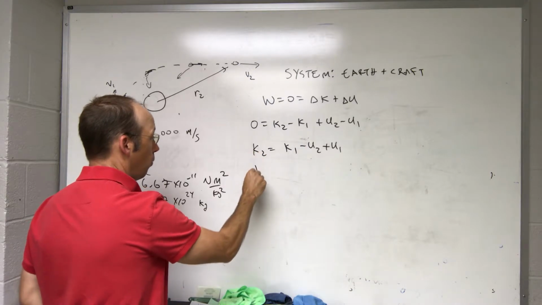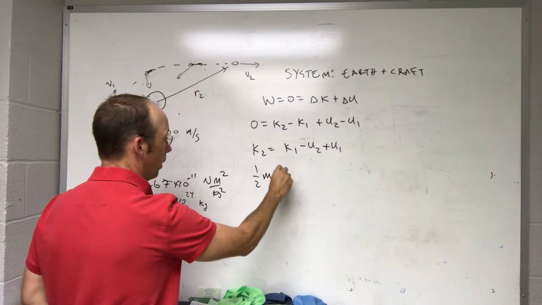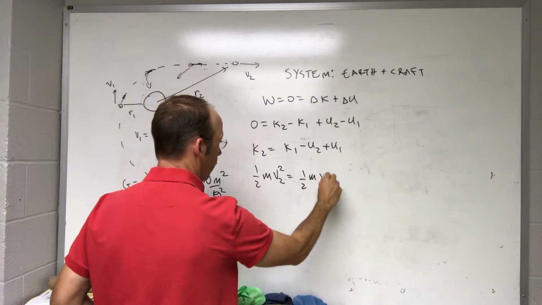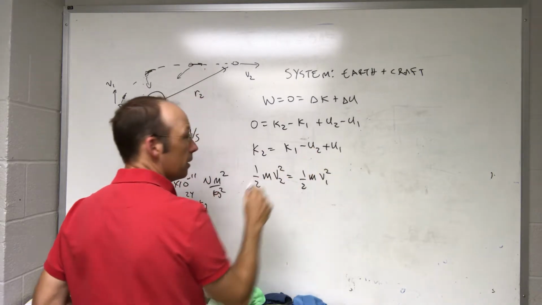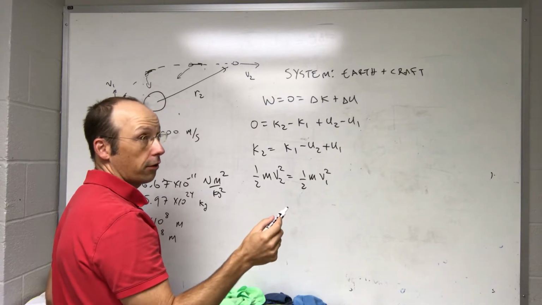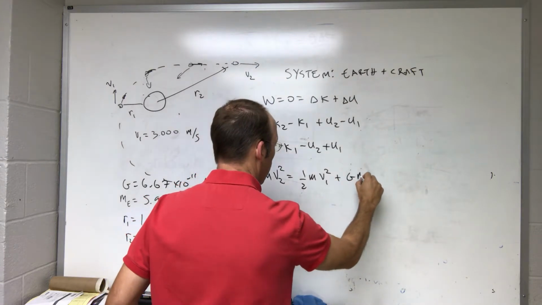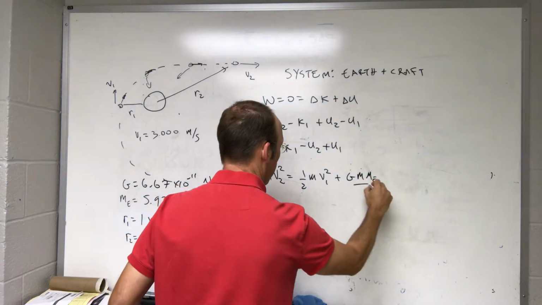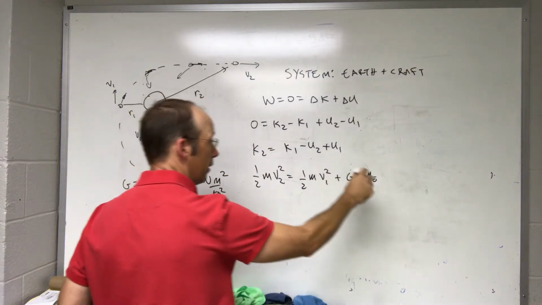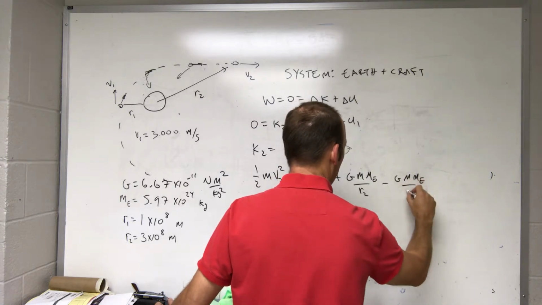So 1/2 m of the spacecraft V2 squared is 1/2 m of the spacecraft V1 squared, minus the potential energy at 2, which is negative G m1 m2 over R. So it becomes positive because there are two negatives: G m mass of the Earth over R2, and then plus another one, but this one's negative, G m Earth over R1.